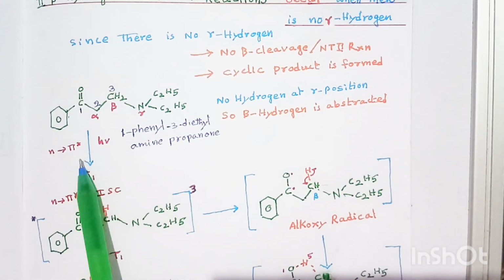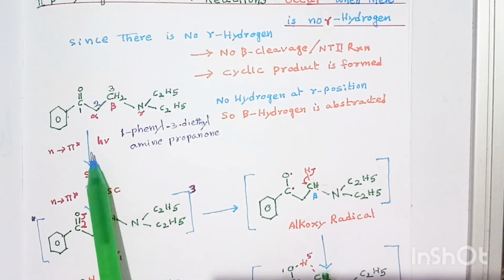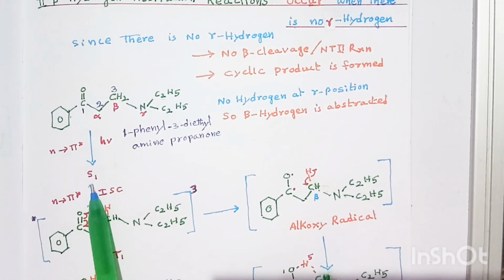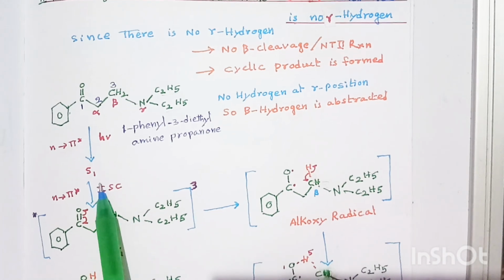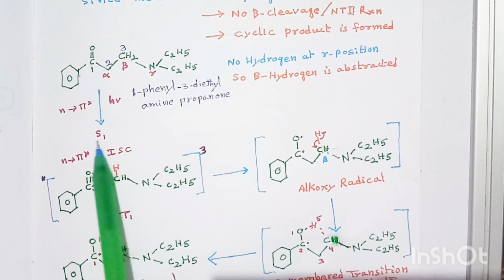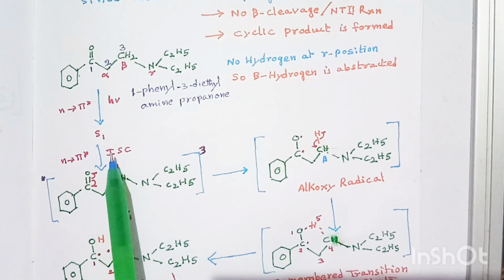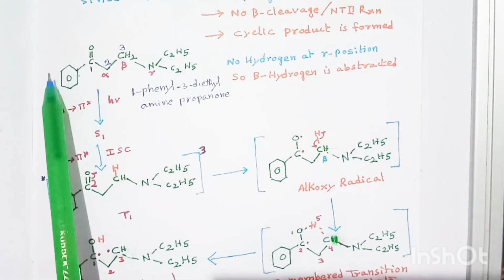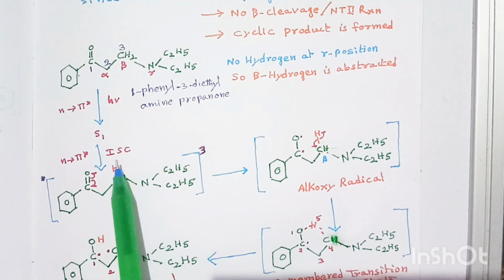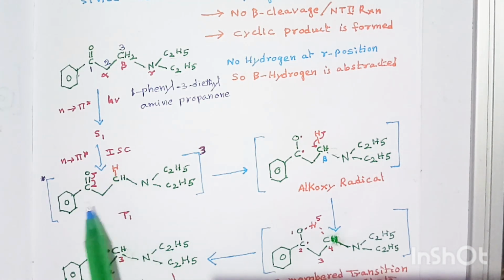When it is irradiated by UV light, it undergoes n to pi star excitation and enters the singlet state. This cannot give a photochemical reaction or photolysis reaction in the singlet state because it is an aromatic ketone. So it enters the triplet state through intersystem crossing.